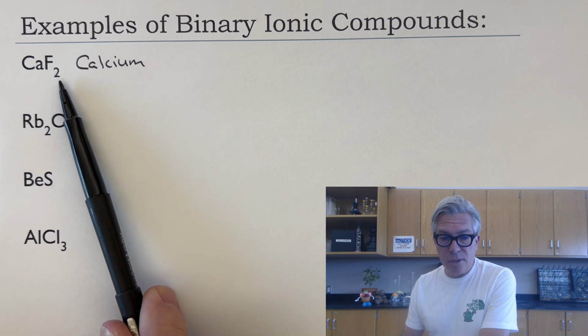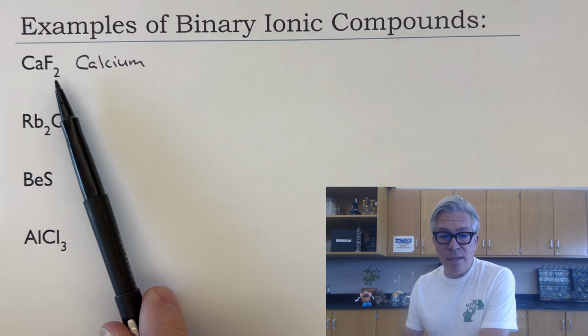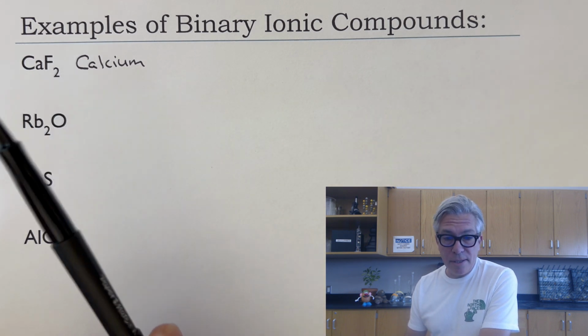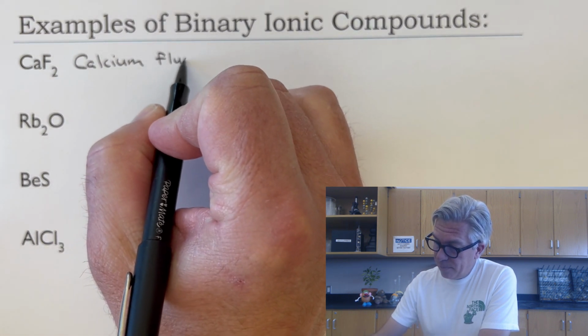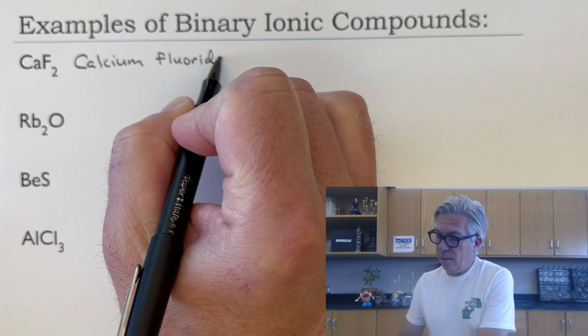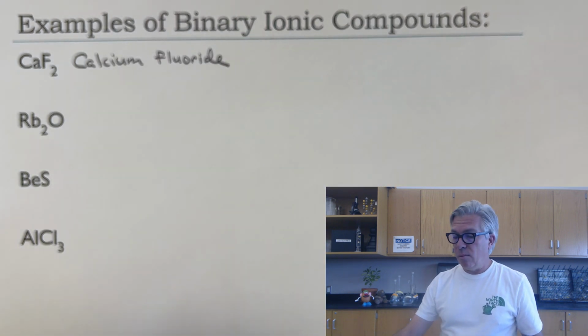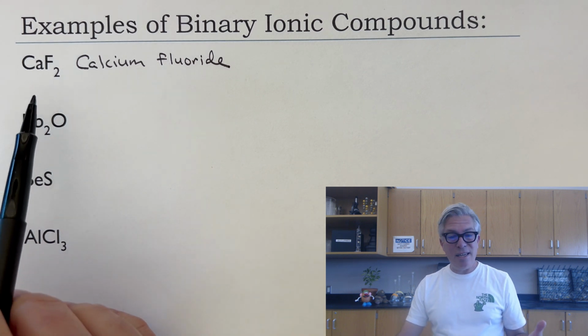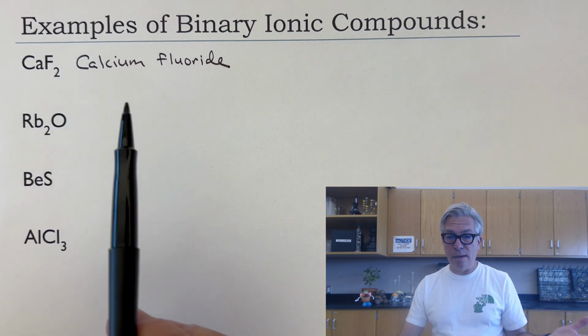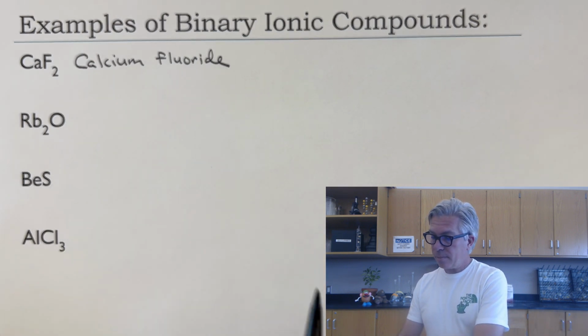And there are 2 of them. Do I have to note that there's 2 of them? The answer is no. You're simply naming the 2 ions that are there. So calcium fluoride. Okay, that's it. Yes, we made 2 of them to balance the charges if we were writing the formula, but the name simply lists which 2 ions are hooked up, calcium and fluoride.